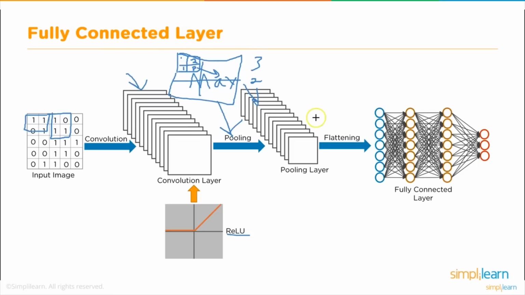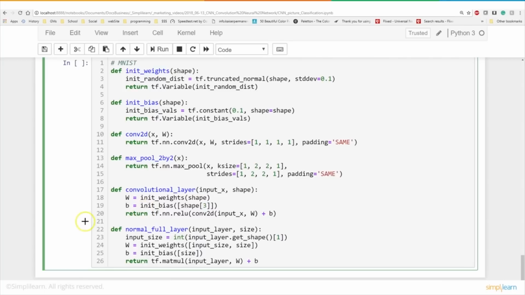We're reducing it down as small as we can, and then finally we're going to flatten it out into a single array, and that goes into our fully connected layer. And you can see that here in the code. Right here we're going to create our normal full layer. So at some point we're going to take from our pooling layer, this will go into some kind of flattening process, and then that will be fed into the different layers going in down here.